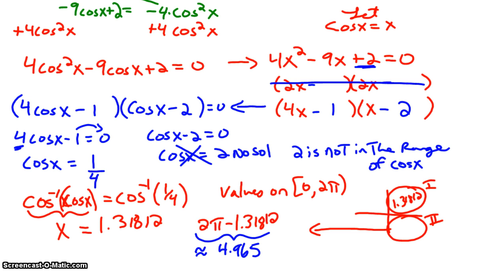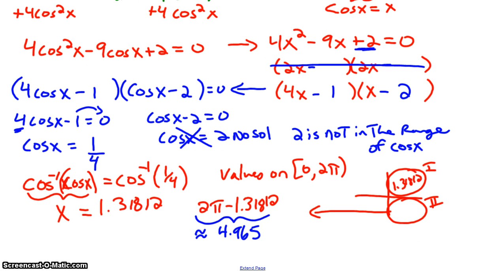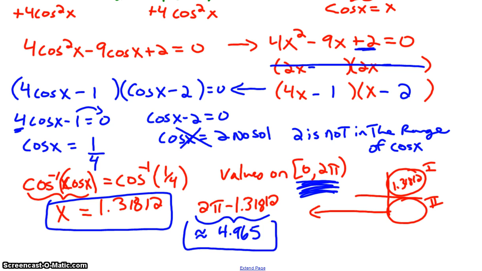So there's my two approximations, and in fact I am done because I am limited or restricted by this domain value there. So I hope you find that helpful, and good luck with your test prep.